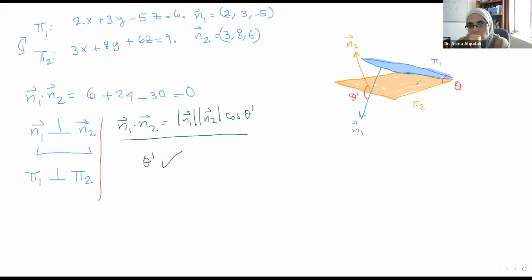Now, if we finish this line like this, and the other direction like this, and we finish this line like this.